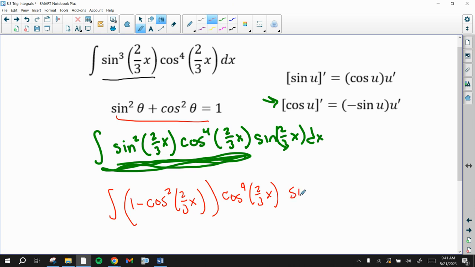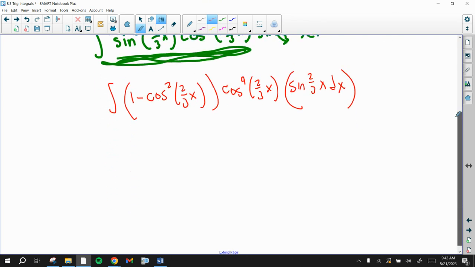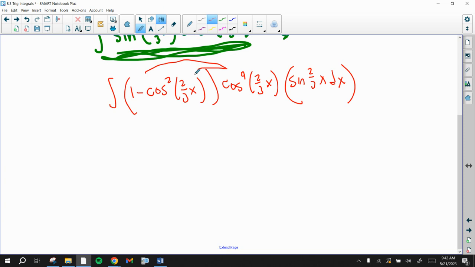And the sine of 2/3 x dx, we're going to save, because that's going to be our du factor when we use the u substitution. So let's just let that hang out for a little bit. Now it's going to be easy to integrate if I can change this to a difference.